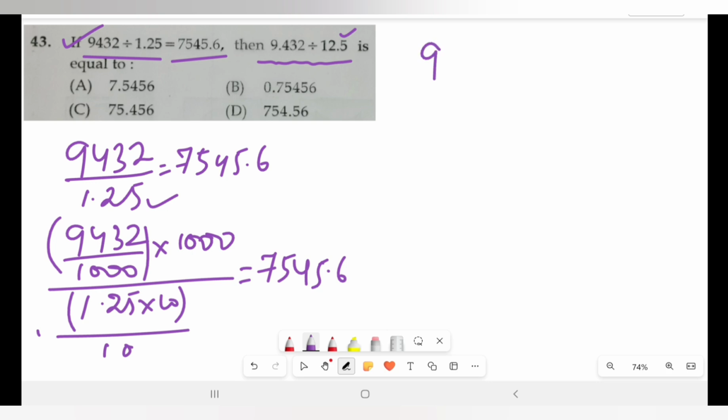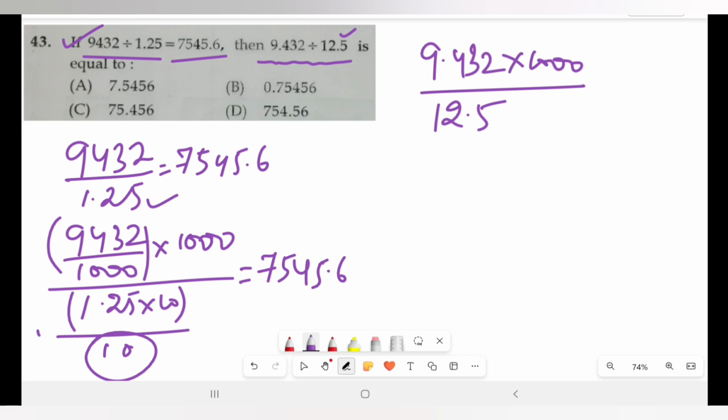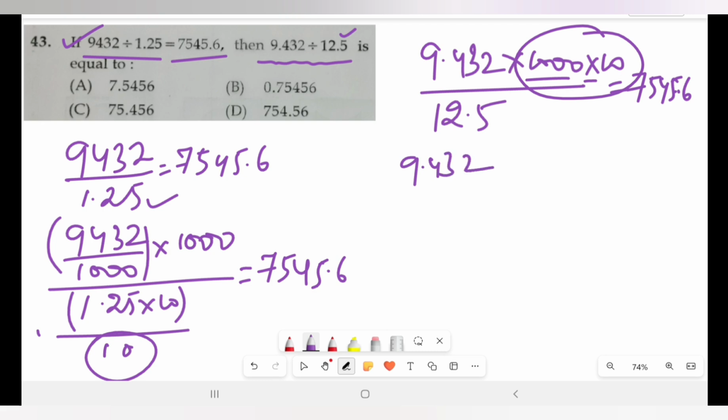Let us simplify the term. What we get is 9.432 into 1000 divided by 12.5, where the 10 will be multiplied to the numerator, is equal to 7545.6. So 1000 into 10 is 10,000. If we transfer this part to the right-hand side, it becomes 9.432 divided by 12.5 is equal to 7545.6 divided by 10,000.